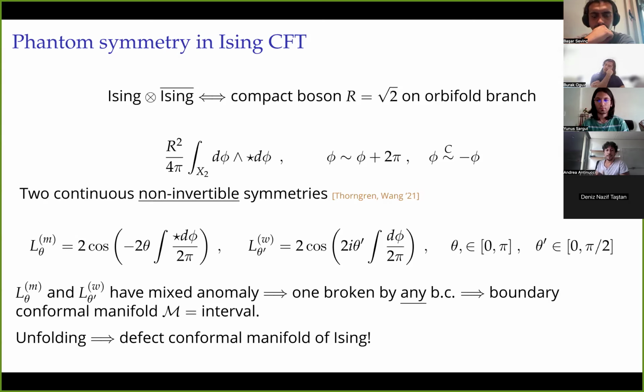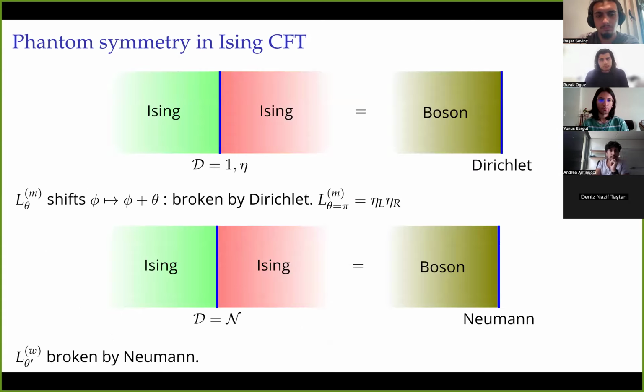Now I want to be a little more clear about which boundary conditions I'm choosing, so that I can argue that I can reproduce the previous picture, and there will be some funny properties showing up. So for instance, I have Ising on both sides, and I start with just the identity line.